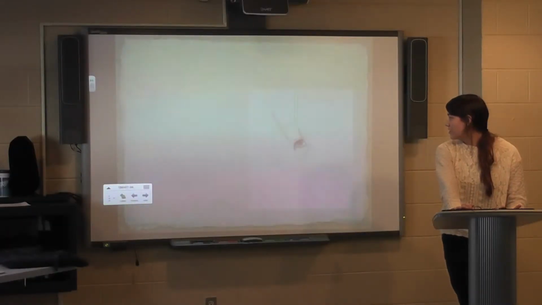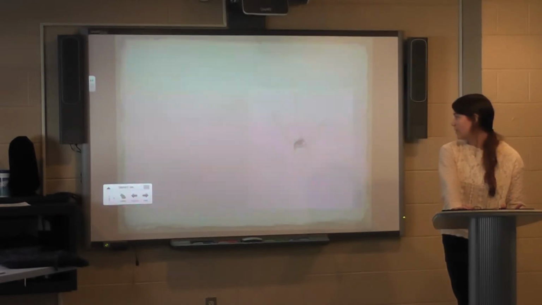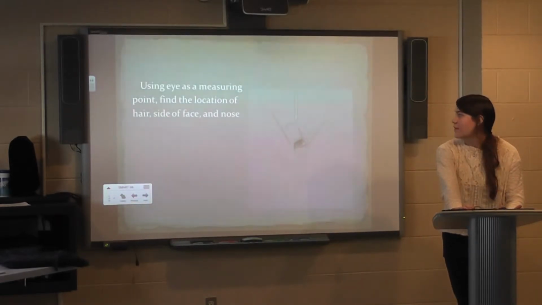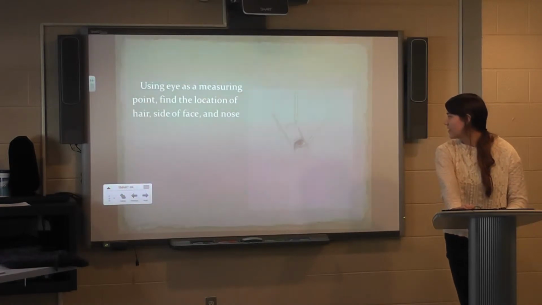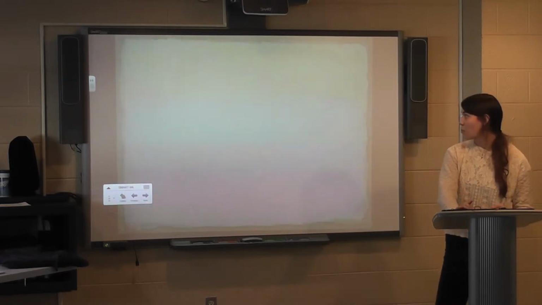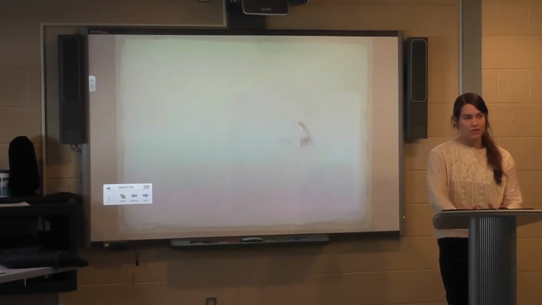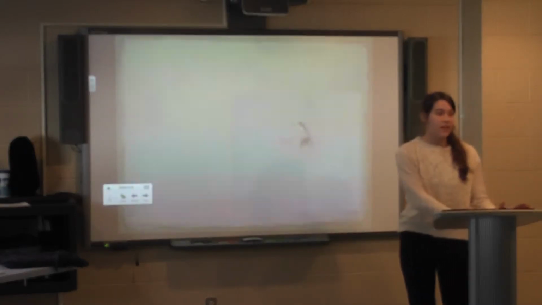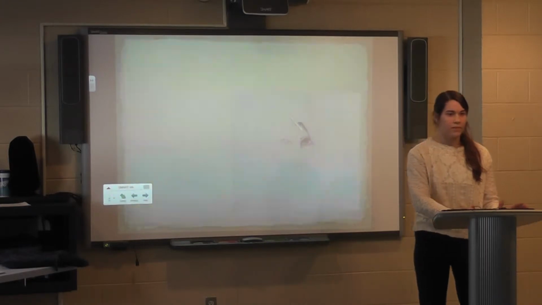Then you're going to want to start finding the locations of the other facial features by using the eye as a measuring point. So as you can see, we found the side of the face, the nose, and the hairline. Then you're going to find the eyebrows. As Jan Burrell always said, the eyebrows are what define one character from another.